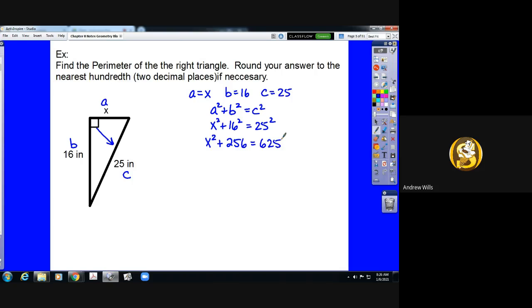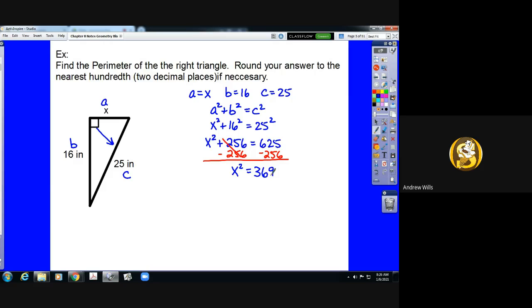Hold on. My brain is shorting out. Give me a second. Yeah, okay, we're good there. Then we subtract 256 from each side of the equation. Maybe not as fortuitous as I thought it was. So 625 minus 256, x squared is equal to 369.